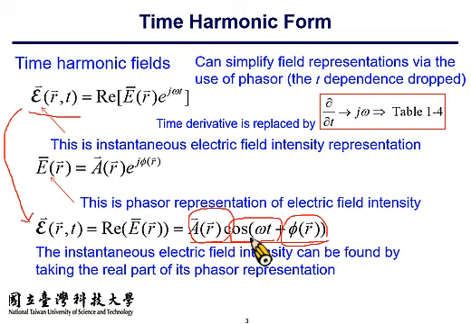Note that here it is represented in the form of a sinusoidal function, cosine omega t plus phi. So we know that the signal is a continuous wave, a single frequency continuous wave. This is the case for most of the wave propagation in wireless communications.